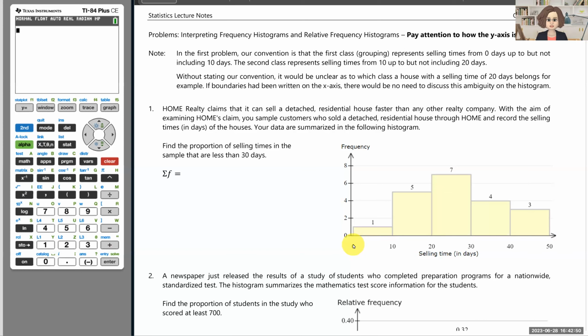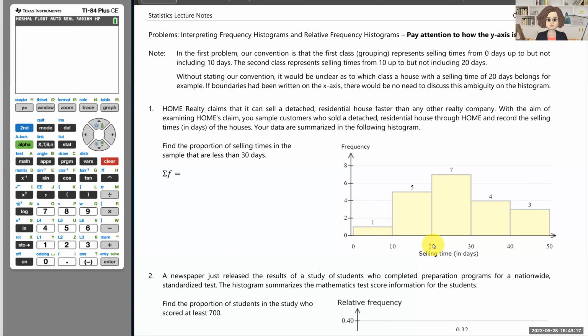So for example, if I had a house that sold in 20 days, I have no way of knowing if that house was one of these 5 houses, or one of these 7 houses. So it's unclear to which grouping 20 belongs. This is something we could have avoided by using the boundaries as we've learned to do.